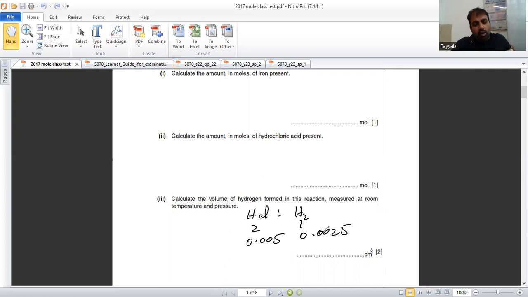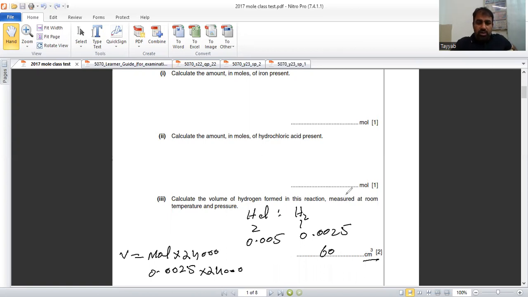We have the moles of hydrogen gas. The formula of volume is mole into 24,000 centimeter cube. Why 24,000 centimeter cube instead of 24 dm cube? Because the unit is centimeter cube. So 0.0025 multiplied by 24,000 centimeter cube gives the answer 60 centimeter cube.